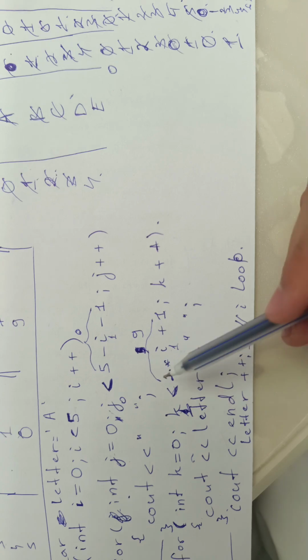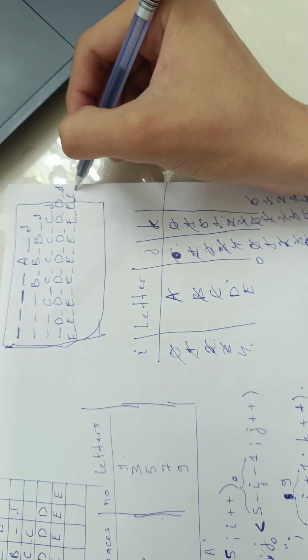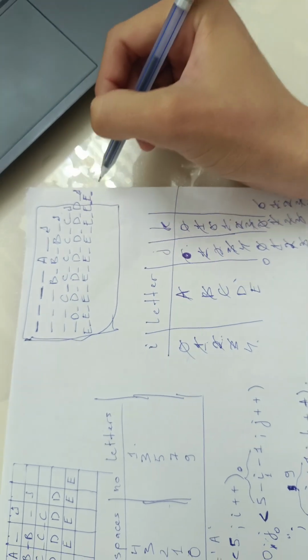K becomes 8, and 8 is less than 9, so one more E is printed out.